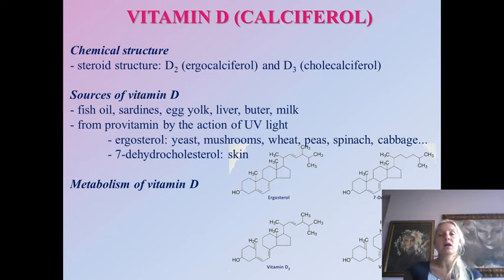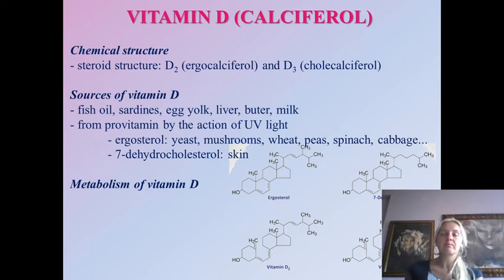Also, a lot of authors are proposing the possible biosynthetic pathway of vitamin D, starting from the precursor 7-dehydrocholesterol and its modification by the action of UV light, and further additional modifications at the level of liver and kidneys.